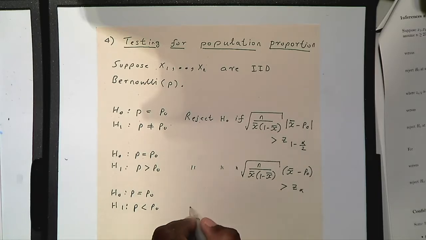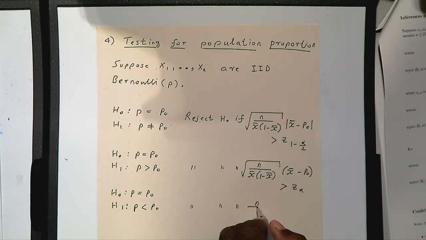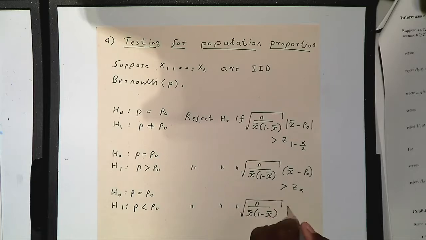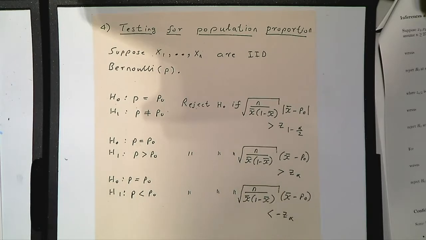And for the final one, right? So these are the 3 rules for the 3 sets of hypotheses.